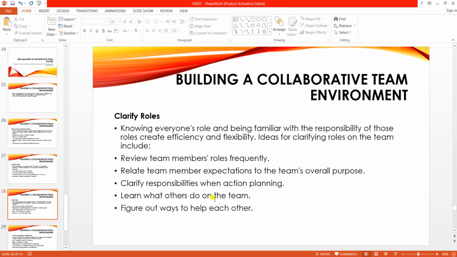Learn what others do on the team and figure out ways to help each other. So if one team member struggles, the whole team needs to understand that the impact of that individual not being able to assist would affect the overall purpose of the team.